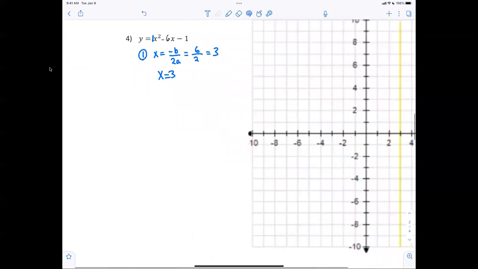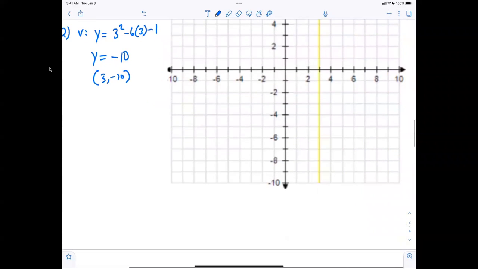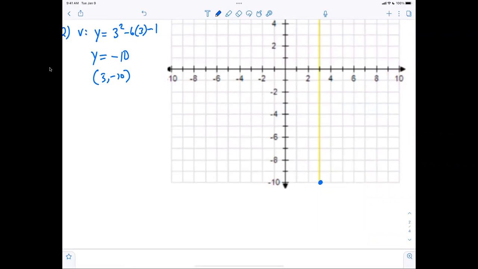And now everybody should write down, to find the vertex, y equals 3 squared minus 6 times 3 minus 1. What is that? -10 is correct. So my vertex is at 3, -10. So I go down and plot 3, -10.